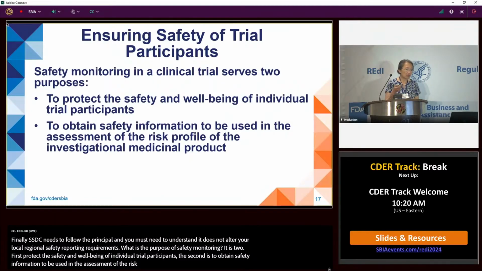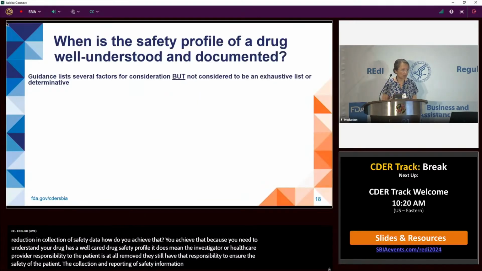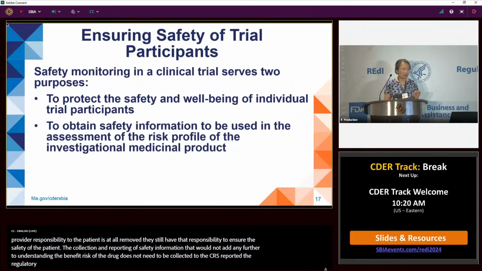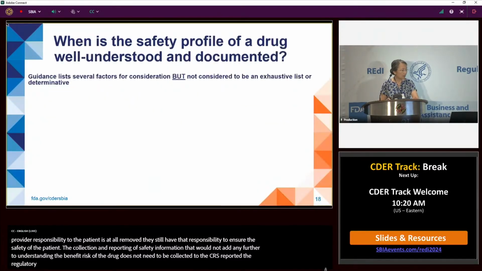But the collection and the reporting of safety information that would not add any further to the understanding of the benefit risk of the drug does not need to be collected onto the CRFs and reported to regulatory agencies. So that's where there isn't a disconnect. It's just to make it very clear that this does not in any way at all take away the obligation to the investigator to ensure safety in the patient population.